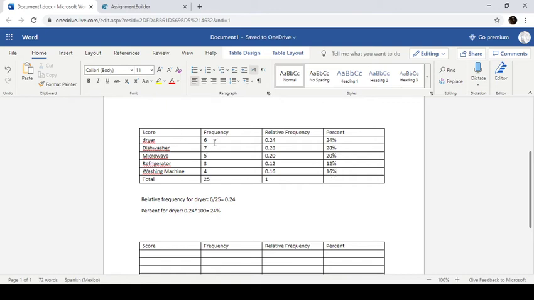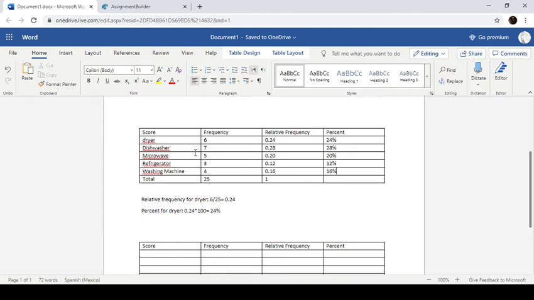So the frequency by itself didn't really tell us a whole lot. Okay, we had 6 dryers. Cool, whatever. What can we do with that information? Well, we can convert this information into something more useful, like percents or relative frequencies. Relative frequency is a very useful thing in calculations. Percents are very useful to us just to kind of understand overall what's going on.